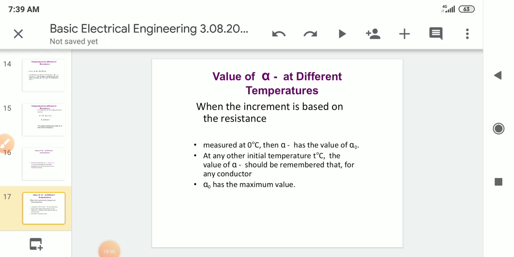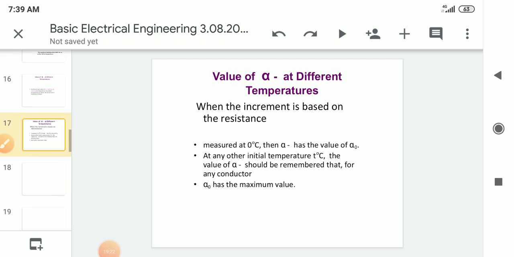If we consider alpha at any other initial temperature T degrees centigrade, the value of alpha should be remembered for any conductor. Alpha naught has a maximum value. Alpha naught is the temperature coefficient of resistance measured at 0 degrees centigrade.